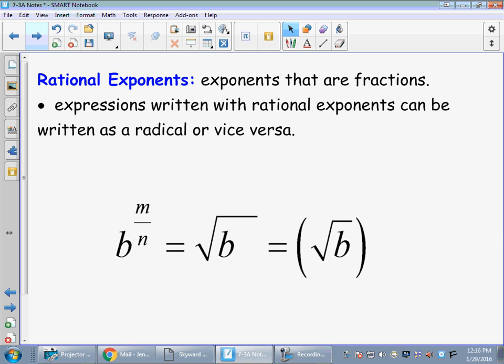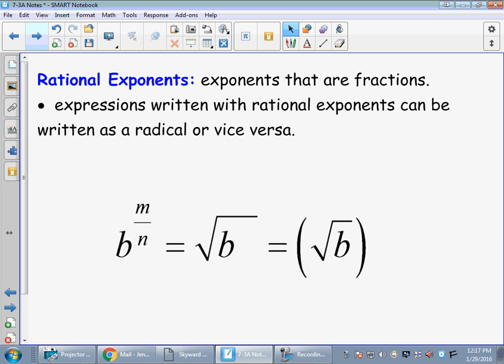We will do more with it in Algebra 2. But we're going to learn just what they mean so we're not freaking out when we see them in Algebra 2. Expressions written with rational exponents can also be written as radicals. And radicals can be written as rational exponents. So this great big example down below is showing you how you rewrite it in different terms.